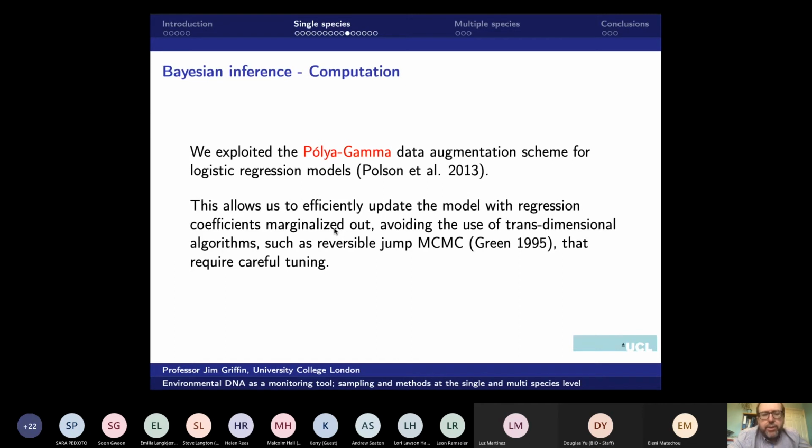I'm not really going to go into why that's the case, but it avoids using these trans-dimensional algorithms directly, and so avoids using reversible jump. People who have used reversible jump often find that it can be quite complicated to implement because you have to tune particular proposals in these reversible jump methods.